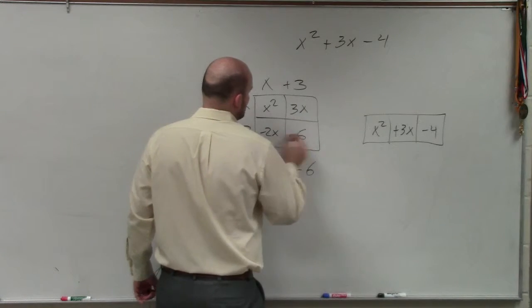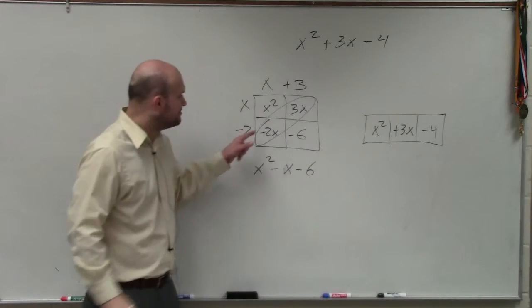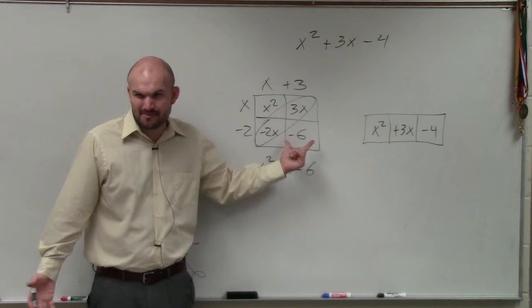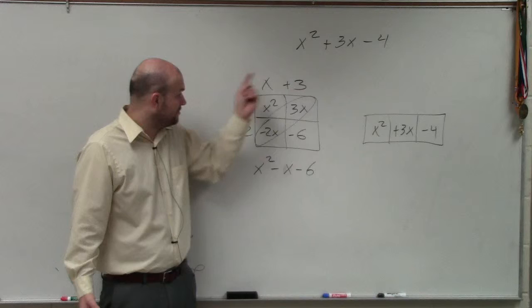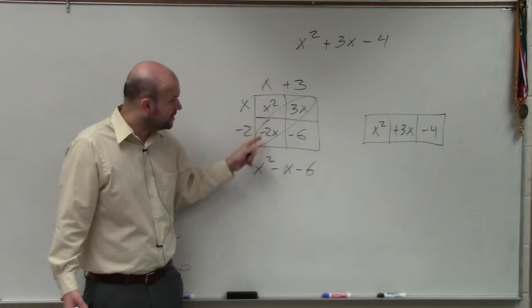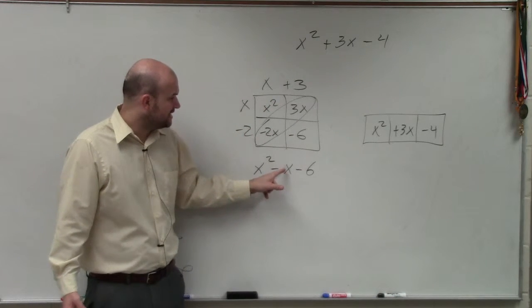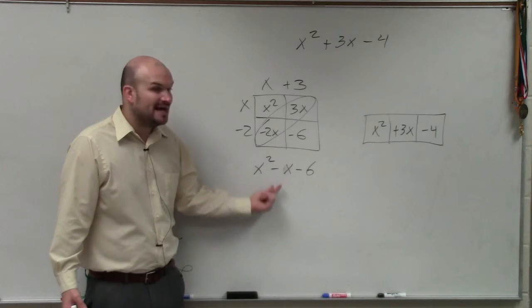The reason why was because the middle terms added together. Does that make sense? You guys remember that? That's why we did that focus lesson, binomial times a binomial. These middle terms combined to give you your middle term. So therefore, we ended up with a trinomial.